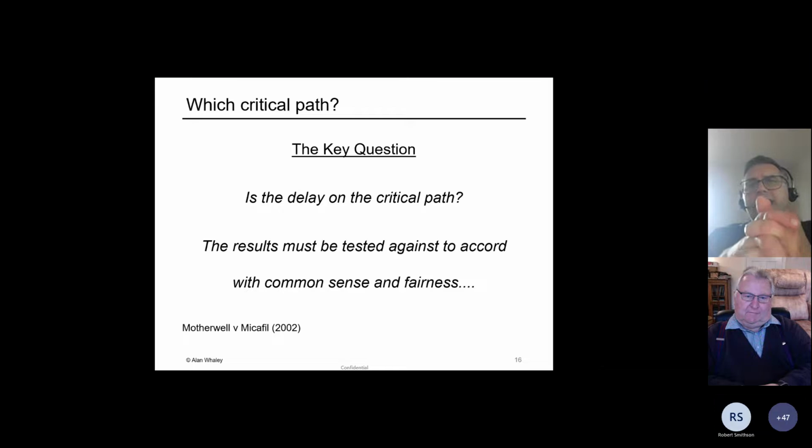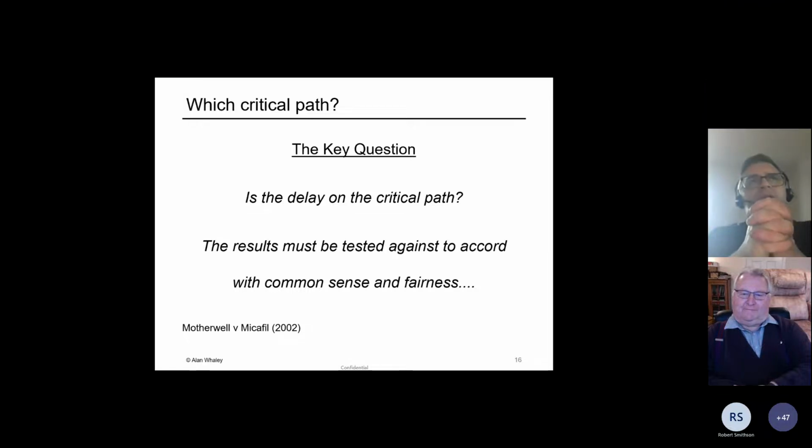So what we see again and again is the courts recognizing that the critical path is important. And the reason it's important is because the critical path is the link between cause and effect. We often hear people saying, well, you have to link cause and effect, without really thinking about what that means. But if you've ever wondered what the link between cause and effect is in a delay claim, then just refer to the critical path, because it's that path that links the cause to the effect.